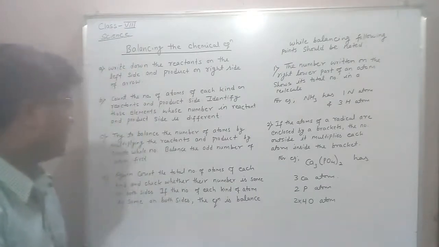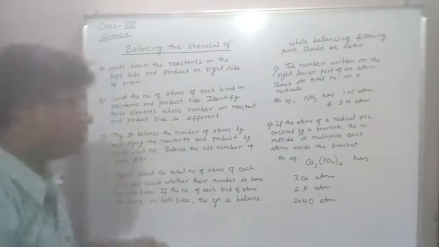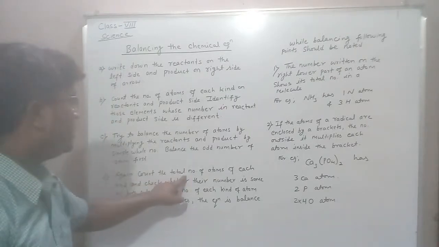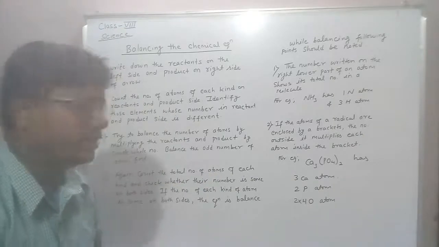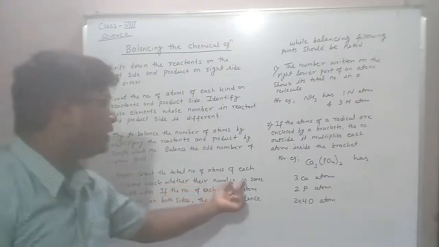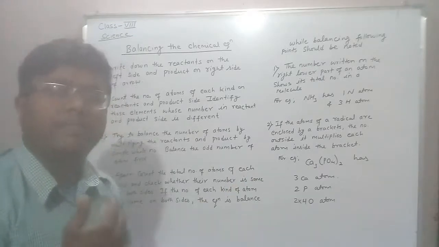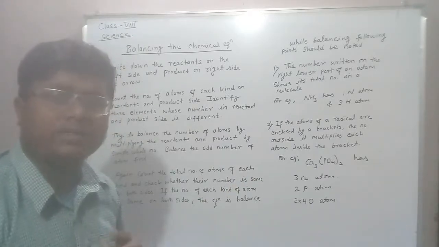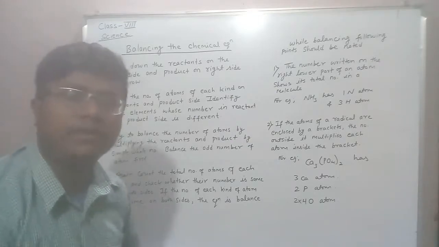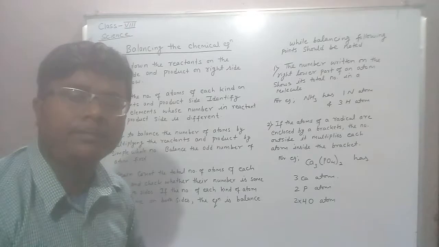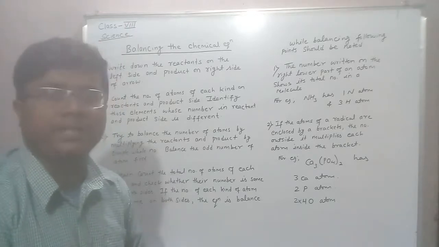After balancing that atom, we again need to count the total number of atoms of each kind and check whether their number is the same on both sides. If they are balanced, our equation is now in a balanced form.